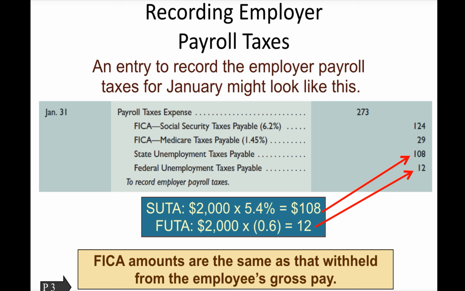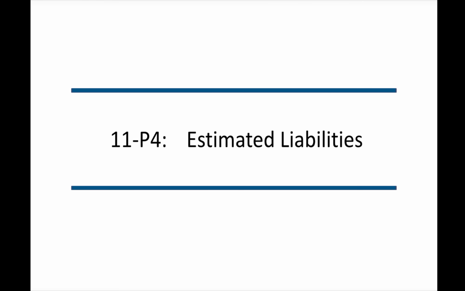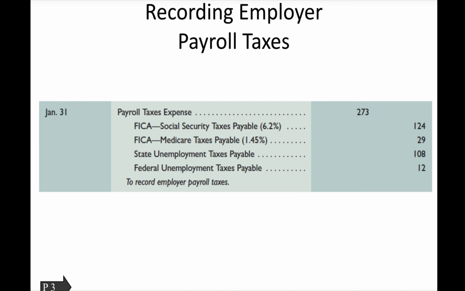They are all debit to some expense account, credit to a bunch of payable accounts, which basically means debit to an expense account, credit to all of these liability accounts. But real quick before I move on, just like any liability account, this is the journal entry that incurs the liability or shows it going onto our books. And then later on down the road, we will eventually pay this off.